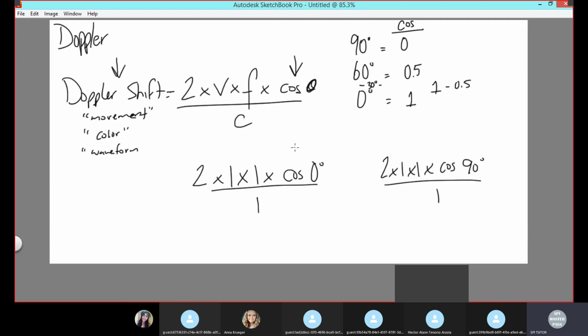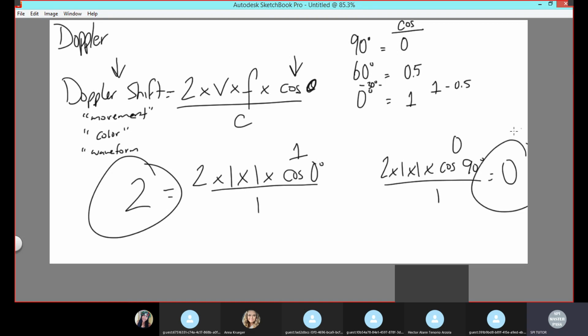So the cosine of 0 degrees is 1. The cosine of 90 degrees is 0. If I do the math, 2 times 1 times 1 times 1 divided by 1, my answer is 2. In the other one, 2 times 1 times 1 times 0 divided by 1, my answer is 0. So this could be the exact same vessel on the exact same patient, just seconds apart.